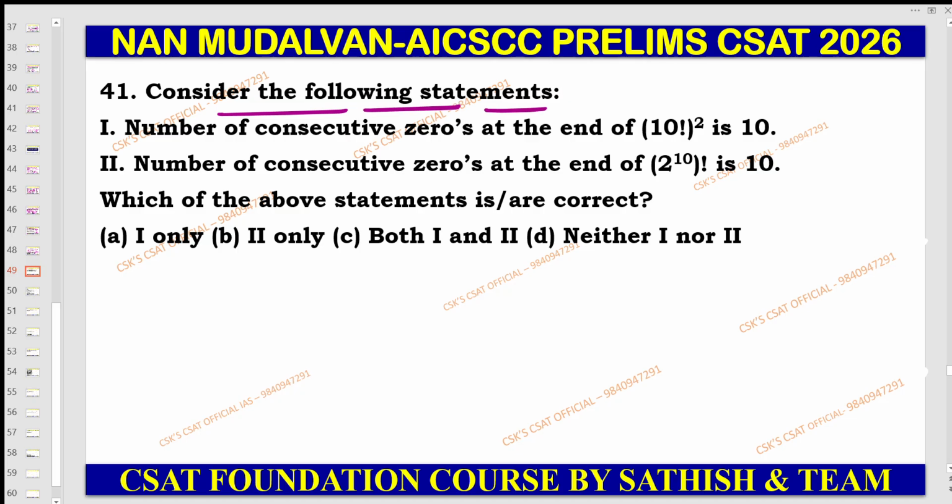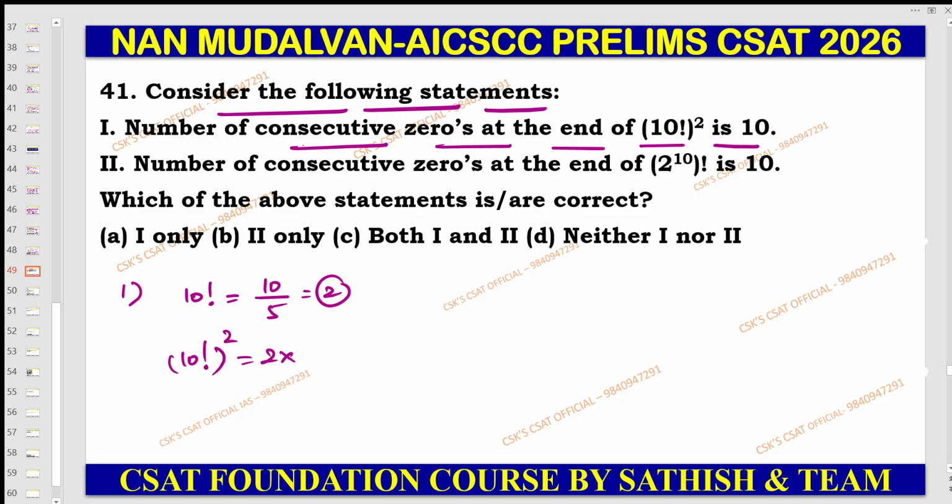Consider the following statement. The number of consecutive zeros at the end of 10 factorial, the whole square, is 10. So if you see this, 10 by 5 becomes 2. Even 10 factorial the whole power 2 becomes 2 into 2, 4 trailing zeros only.